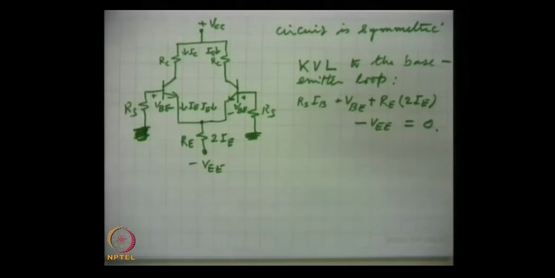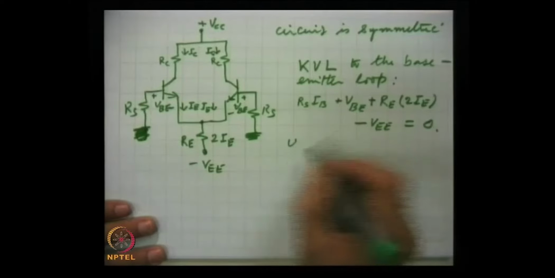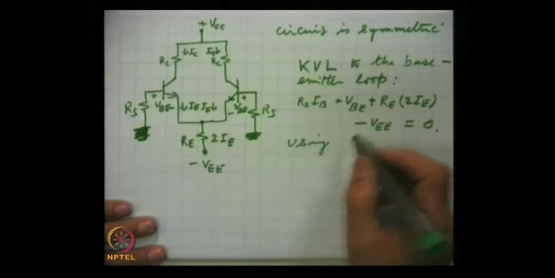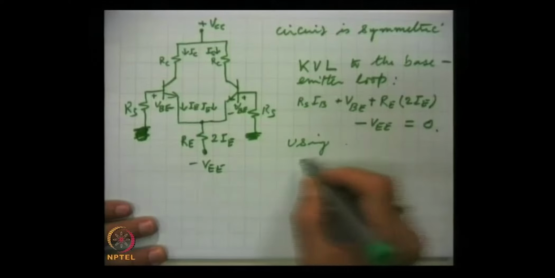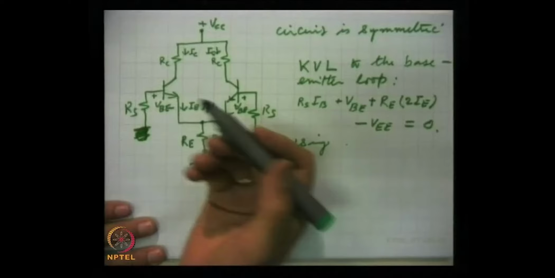We sum up all the voltages here. For symmetry reasons, only this one is sufficient to do, instead of doing the same process twice. The analysis for one transistor is sufficient. And then in this equation we use beta, the current gain. These are common emitter amplifiers as usual.